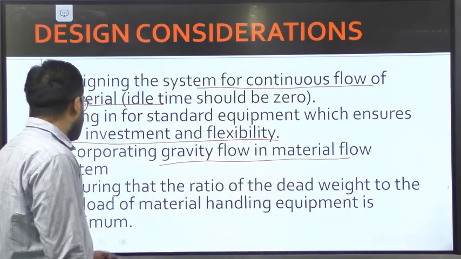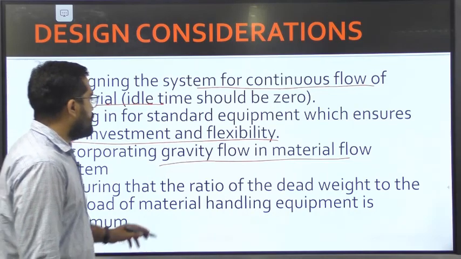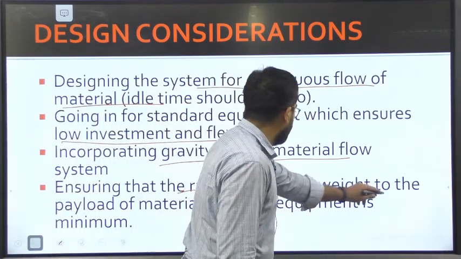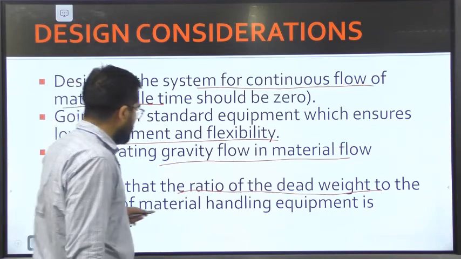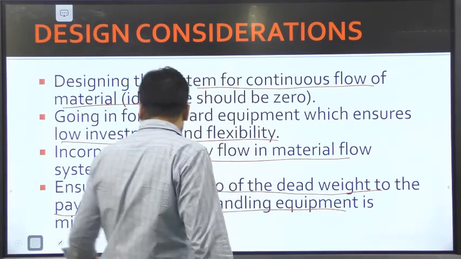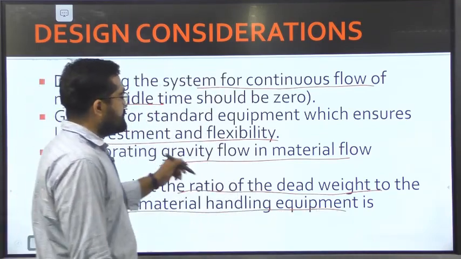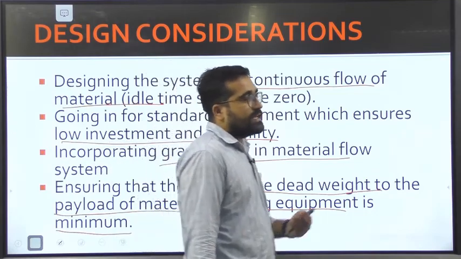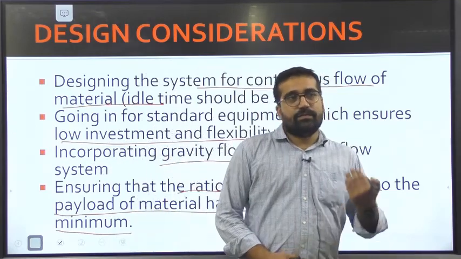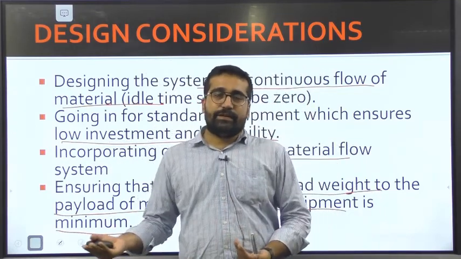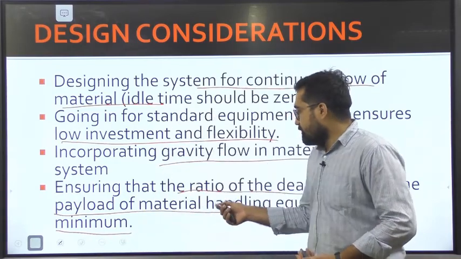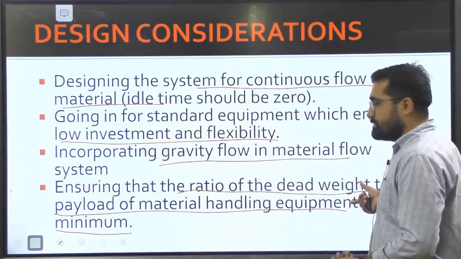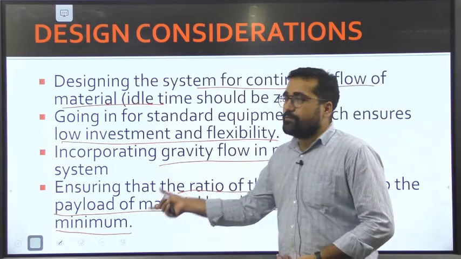We can also ensure that the ratio of dead weight to the payload of the material handling equipment is minimum. Whenever we are designing any equipment for conveying material, we have to check the ratio of dead weight and payload of material.